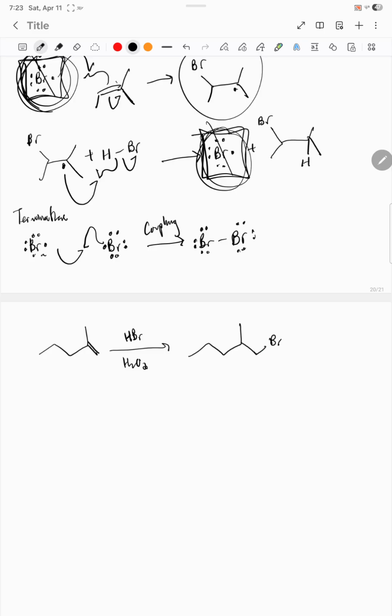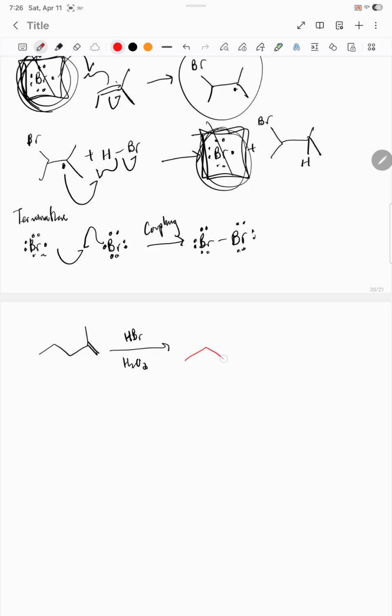Let's check. It turns out this was not completely correct because we had to account for stereoisomers. What do stereoisomers mean?